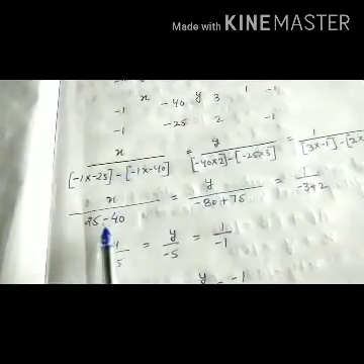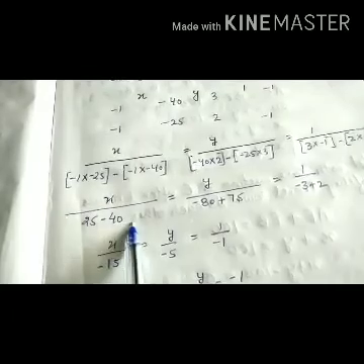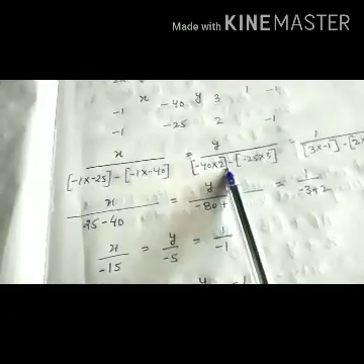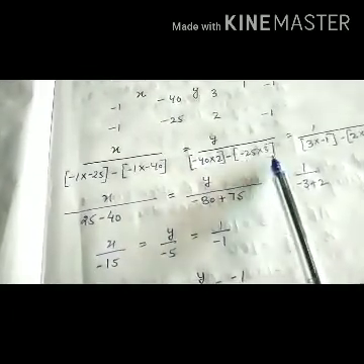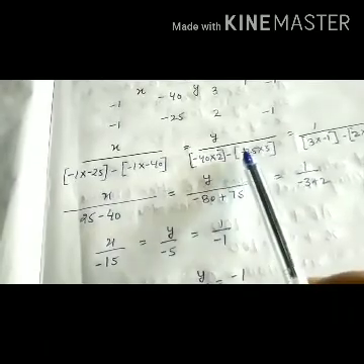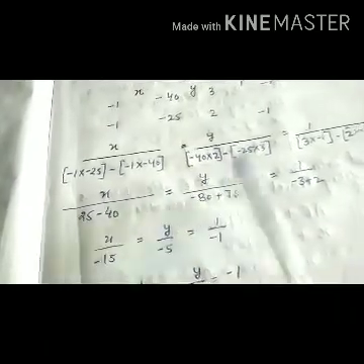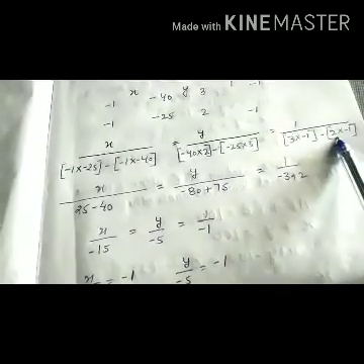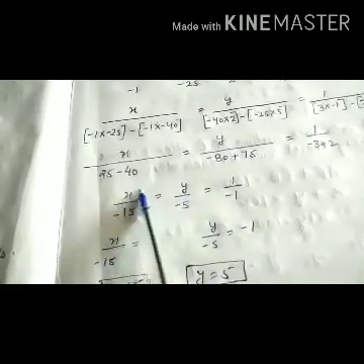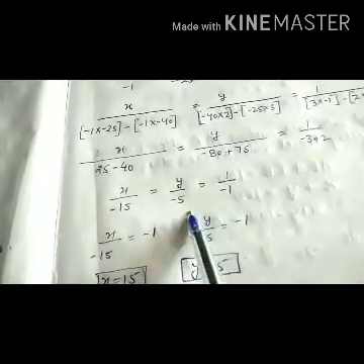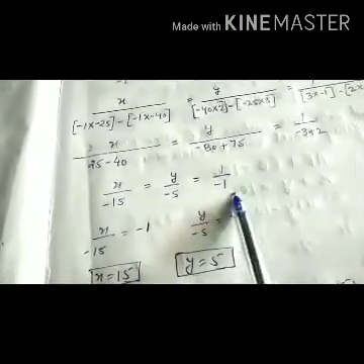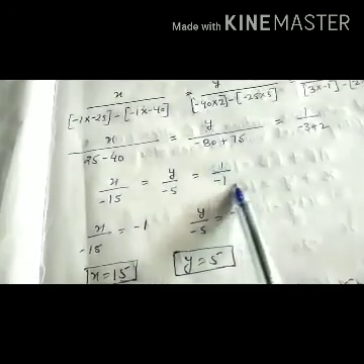Minus 1 into minus 25 is 25, then minus 40 gives minus 15. 40 into 2 is minus 80 and 25 into 3 is 75, minus 80 plus 75. 3 ones are 3, minus 3, and 2 ones are 2, minus 2, so minus 3 plus 2. So we are getting x upon minus 15, y upon minus 5 and 1 upon minus 1.